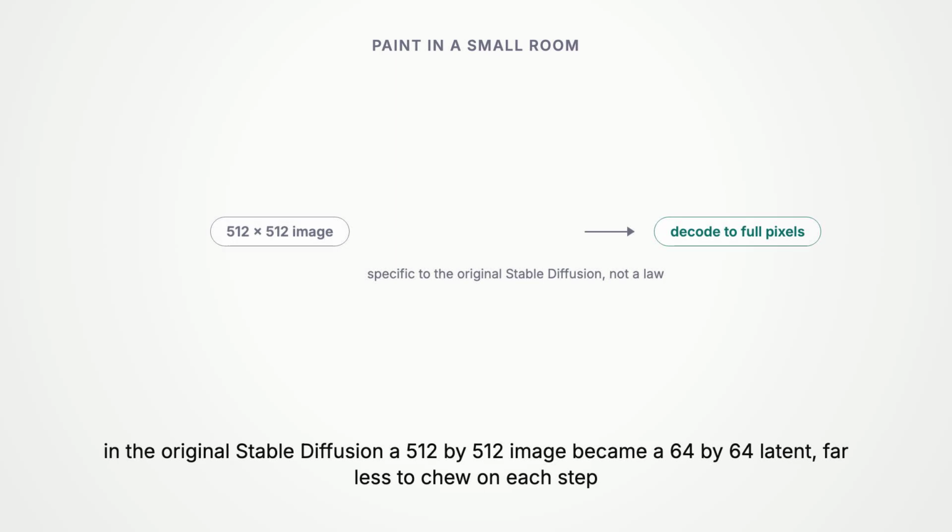To put numbers on it, and these are specific to the original stable diffusion, not a law, a 512 by 512 image became a 64 by 64 latent with a handful of channels. Far less to chew on at every step, which is precisely why it fits on a consumer graphics card. And notice the clean division of labor.